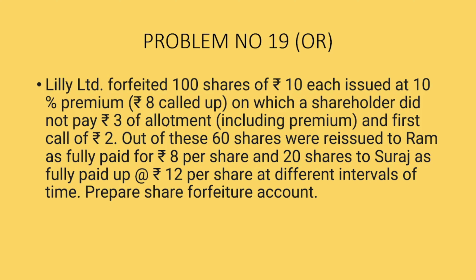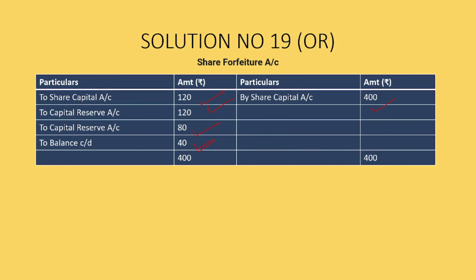So the entire thing we are getting from this question is 100 shares, 10 rupees at 10% premium, 8 rupees called up, and 3 rupees allotment including premium, first call of rupees 2, out of which 60 shares at 8 per share are reissued to Ram, 20 shares to Suraj at 12 rupees per share at different intervals, and we have prepared this as the share forfeiture account.